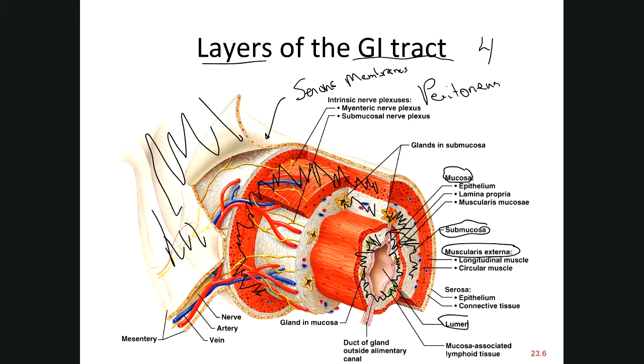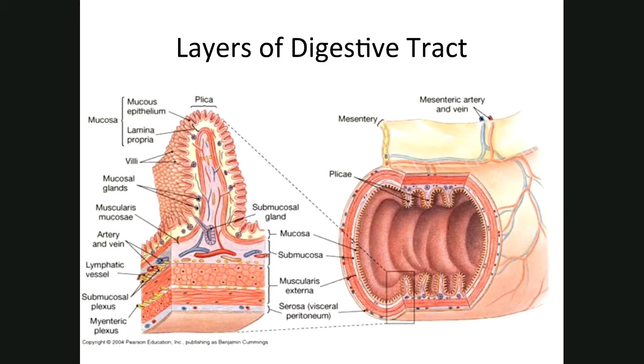So we have 4 layers, and you can see them here if I take a chunk out. So here is the mucosa, right there. Here's the submucosa right here. Here's this muscle, the muscularis externa, and there's that serous membrane, the serosa.